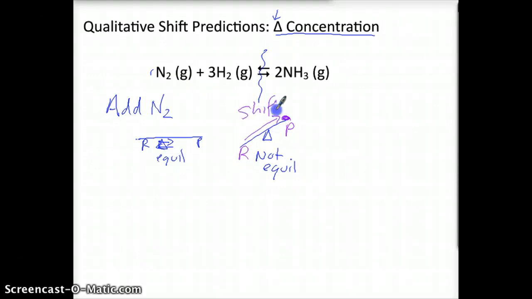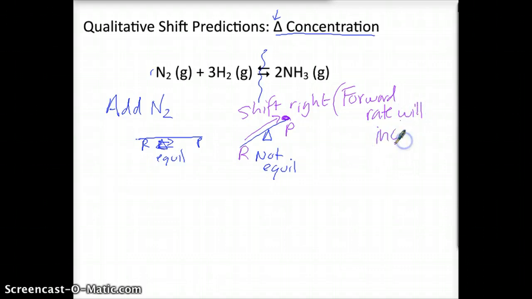Shift right. What does that mean? That means that the forward rate will increase. So the rate at which reactants turn into products, the rate of the forward reaction, is going to increase until we get back to being at equilibrium.